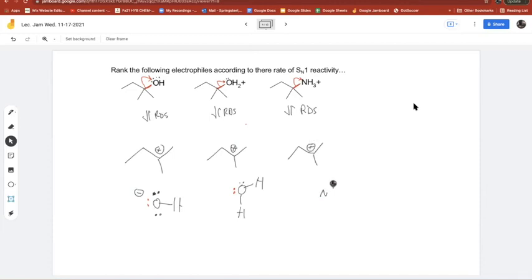And this one we're going to make ammonia. So what we're doing basically here is just ranking these leaving groups. These are the leaving groups. So which of these 3 do you think is the strongest base?